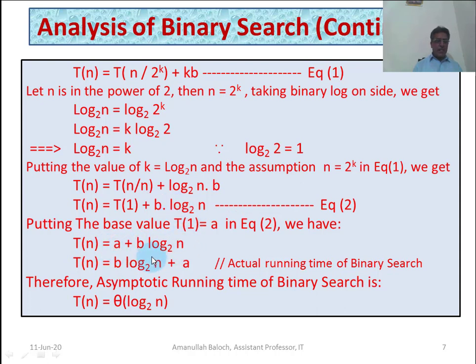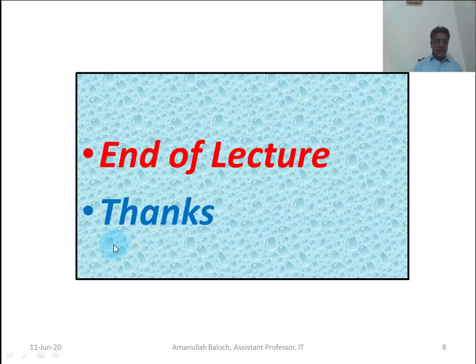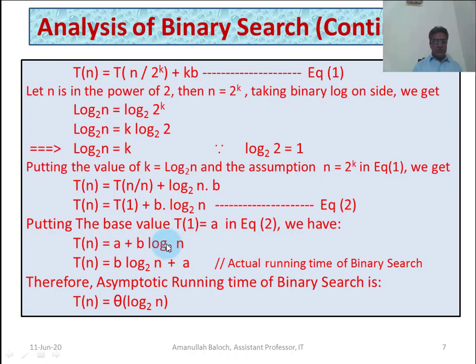Now the dominant term is b log of n base 2. We bring it first and a goes second. We arrange it in this order: b log of n base 2 plus a.